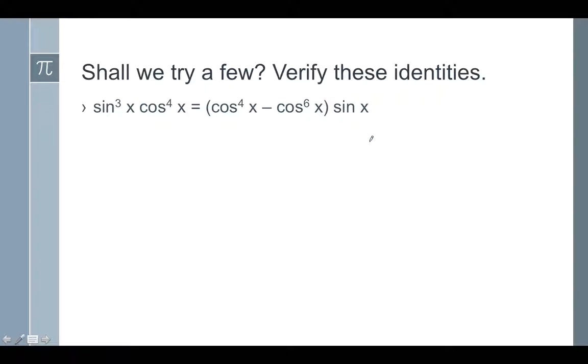I'll show both. All right, so I have cosine to the fourth x minus cosine to the sixth x times sine x. You'll notice this thing inside the parentheses has at least 4 cosines to them. So I'm going to factor out a cosine to the fourth x. And I get 1 minus cosine squared.